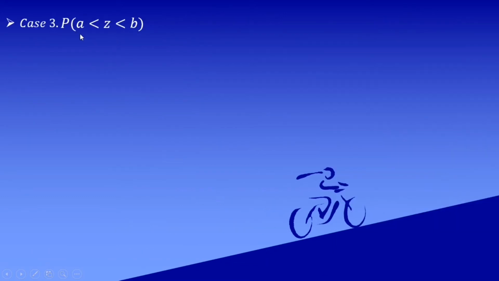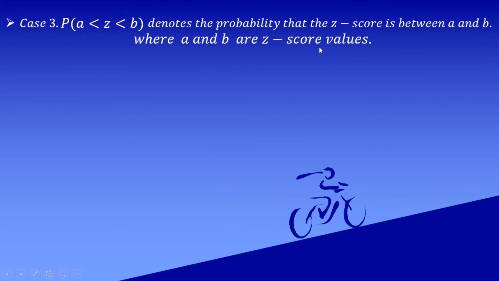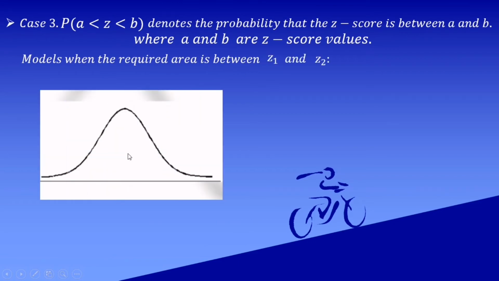Sa ating case 3, ito yung probability notation. It denotes the probability that z-score is between A and B, where A and B are z-score values. Ito yung mga models natin for the required area between z sub 1 and z sub 2. So we have here the z values. Specified natin yung z value natin dito between negative 2 and negative 1.